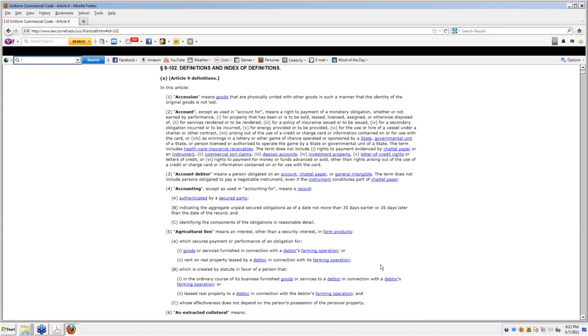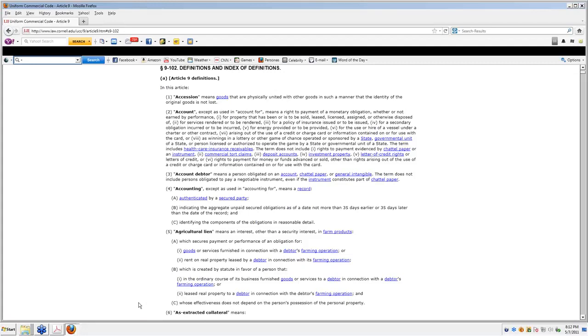What does this say? Where? Agricultural lien. I want you to read that. Agricultural lien means an interest other than a security interest in farm products. Yes? So explain that. Well, you left out the most important part.